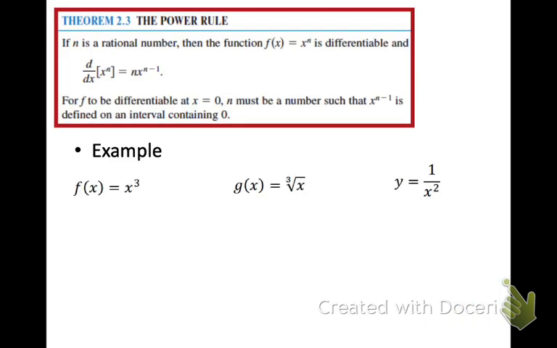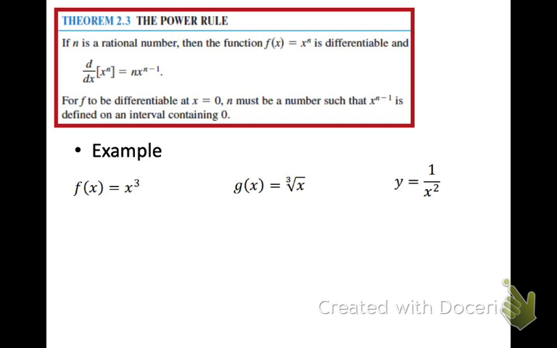Okay, this is the next rule. Please do not write it all down. I'm going to talk about it, and then you can write. This is the power rule. If n is a rational number, then the function. So it just has to be a rational number. So I have f of x is x to the n. The derivative with respect to x of x to the n is n times x to the n minus 1.